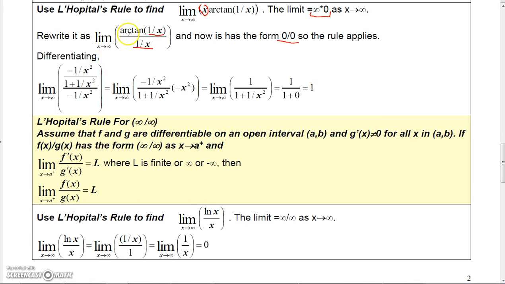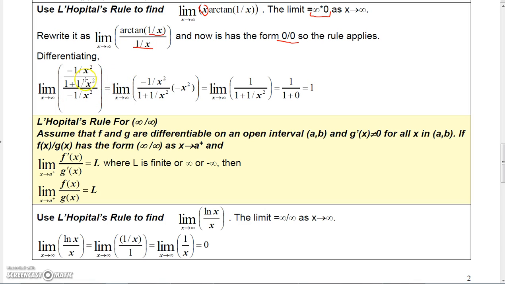Well, now we know how to take the derivative of arctan of u. It's u prime, which is minus 1 over x squared, over 1 plus u squared. So we have 1 plus the quantity 1 over x, squared. And then we divide that by the derivative of 1 over x, which is minus 1 over x squared.